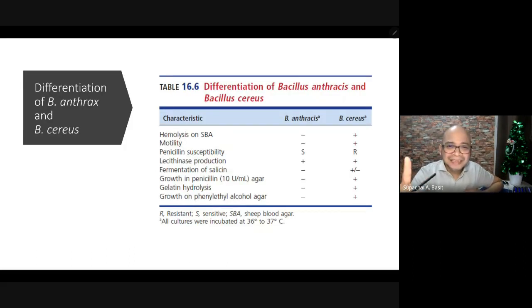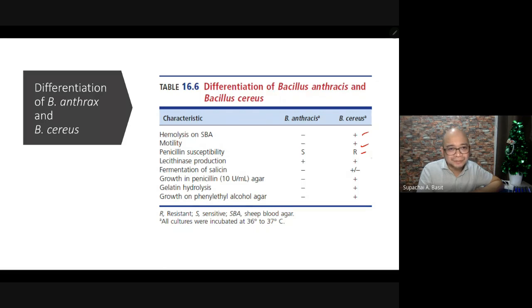Aside from Bacillus anthracis, there's another one that is medically important, and that is Bacillus cereus. Bacillus cereus can be involved in food poisoning. To differentiate them, Bacillus cereus can cause hemolysis on blood agar plate. They can be positive in motility, and they are resistant to penicillin, unlike Bacillus anthracis.